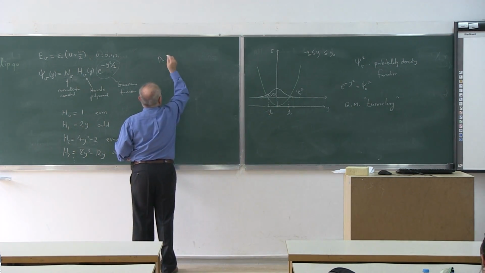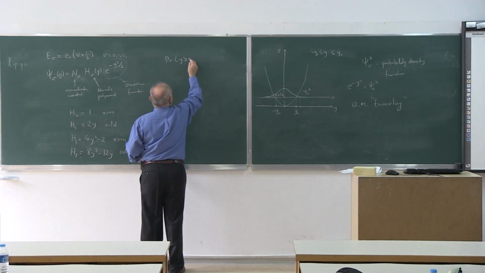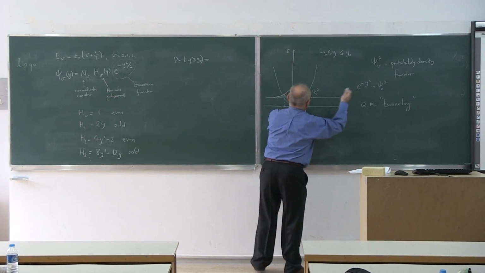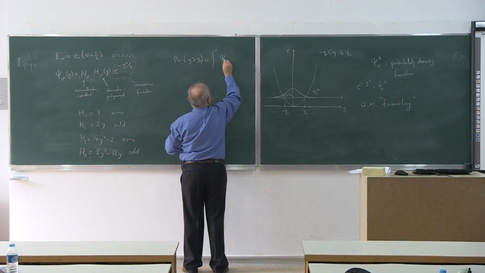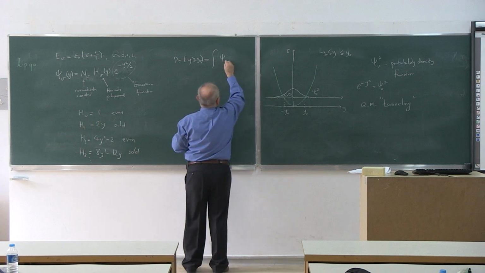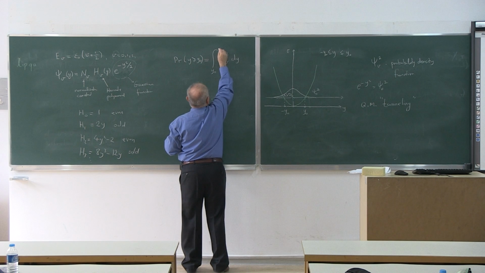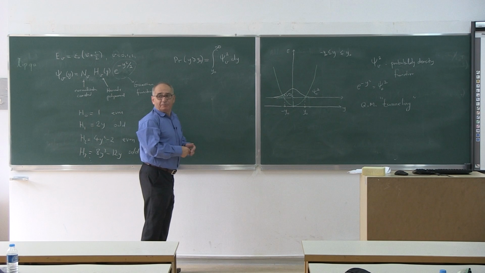The probability for y larger than y0 on this side is, let me write this in general, psi v square times dy from y0 to plus infinity.